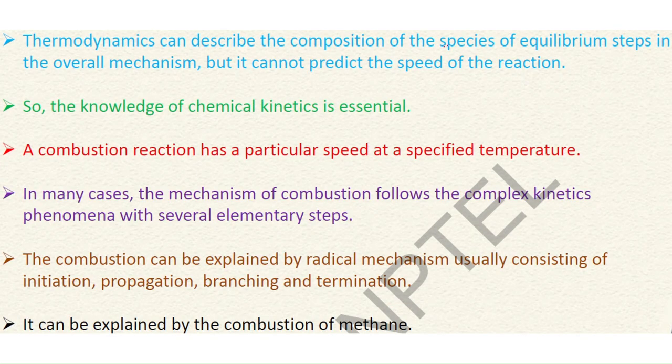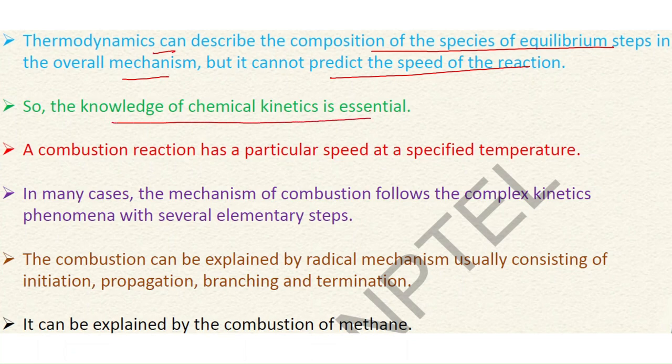Thermodynamics can describe the composition of the species at equilibrium steps and the overall mechanism, but it cannot predict the speed of the reaction, so the knowledge of chemical kinetics is essential. Since rate constants are a function of temperature, if there is an increase in temperature of 10 degrees, the reaction speeds up twice.